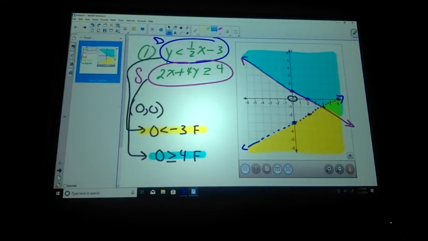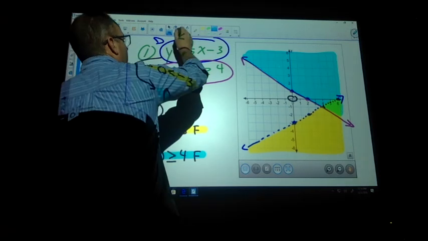Okay, so where does our graph exist? Where it's light blue, where it's yellow, or where it's green? Green. That's my solution, right here.